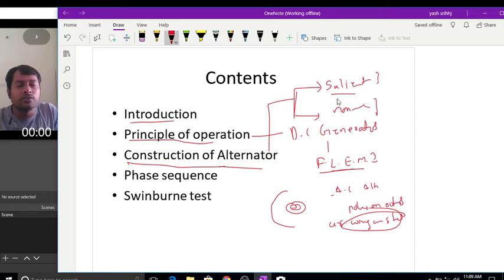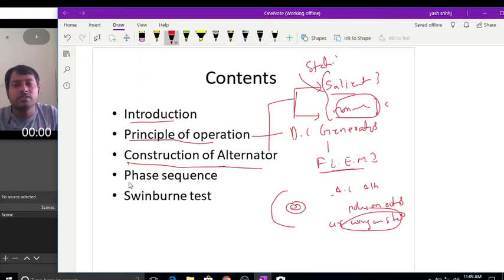If you use a salient pole rotor, such an alternator is called salient pole alternator. If you use non-salient pole rotor, that alternator is called a non-salient pole alternator, or cylindrical. For both of these two, stator construction is common. There is no difference.